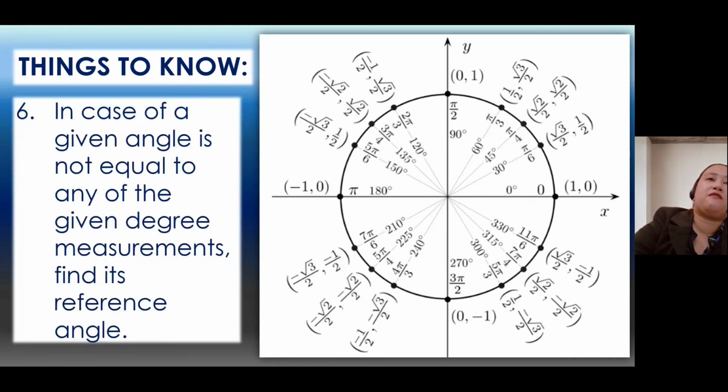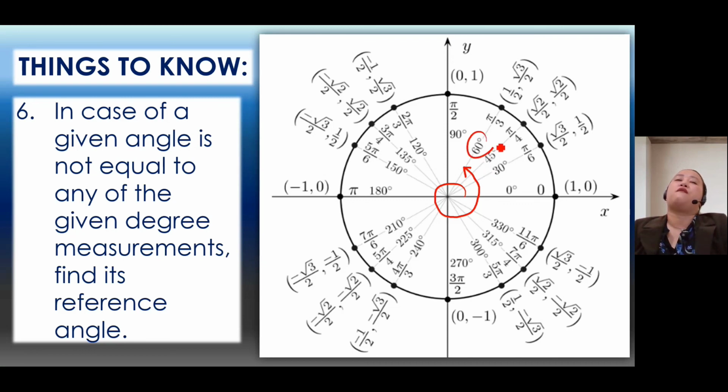Then number 6, in case a given angle is not equal to any of the given degree measurements, you have to find its reference angle. If you have, for example, more than 360, say you have 420. This is 360 plus 60, you have here 420.